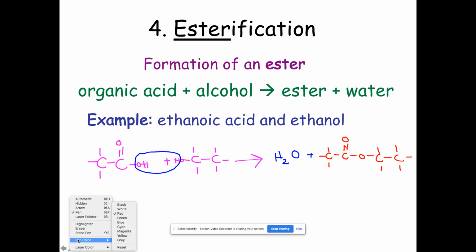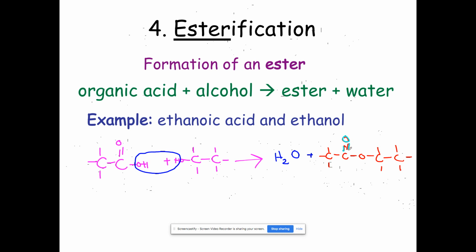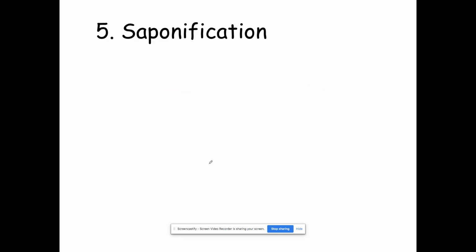I see her smiling at you, offering you some pineapple candy. Old Granny Esther. There's the ester. Functional group, C double bonded O to a single bonded O. There it is. So, like I said, on the regions, it's mostly going to be, what kind of reaction is this? And you recognize that it's an ester because you know what an ester looks like. I was talking about this earlier.